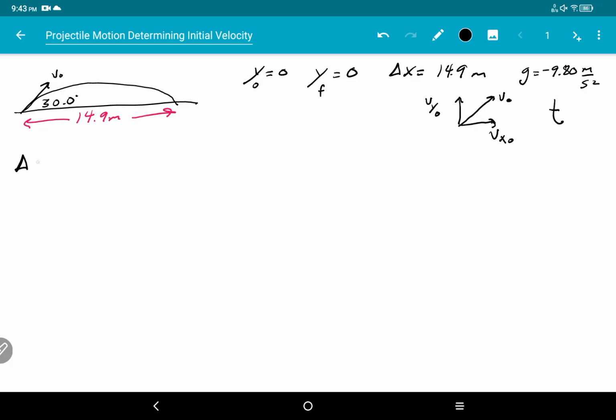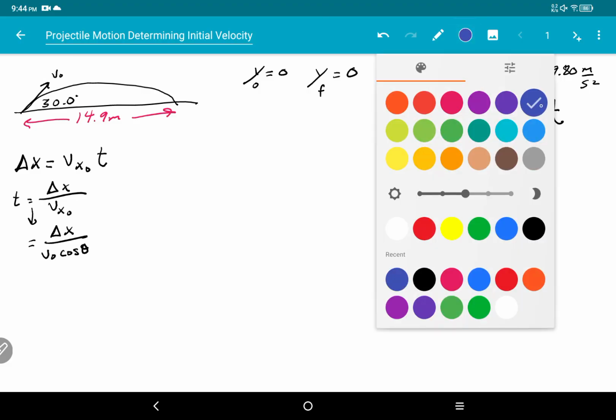So delta x equals Vx naught times t. Well, t is going to be equal to delta x over Vx naught. Wait a minute, check this out. That's equal to delta x over V naught cosine theta. We now have the ability to do a substitution.